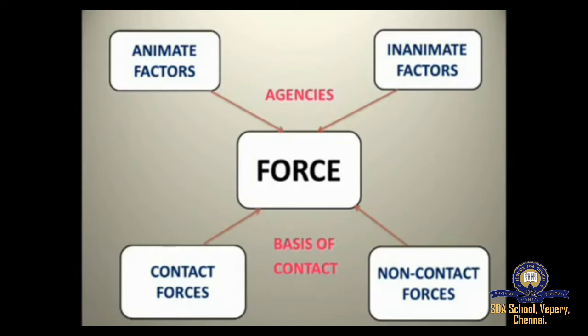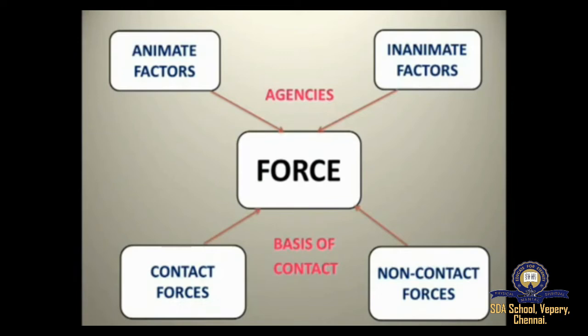We have already learned what animate factors are. Animate factors are the representation of a character, whereas inanimate factors are something that lacks the quality or the ability of motion, that is, something that is not alive. And on the basis of contact, force is classified into contact force and non-contact force.